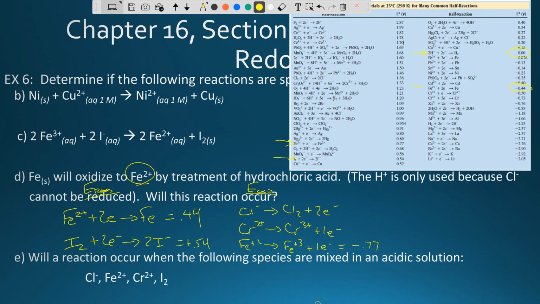And I take a look at my chloride. Okay, and so where's my chloride ion? Let's see, it's going to be right here. Notice my chloride ion. That's negative, but it's a product here. I've got to flip this sign, don't I? A negative 1.36. That's because it's oxidized. And lastly, I've got my chromium to deal with.